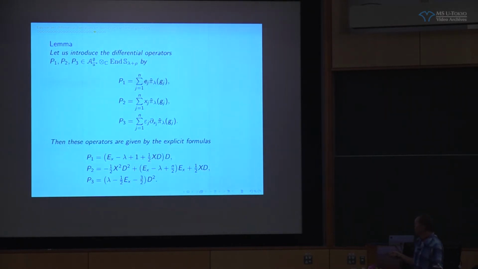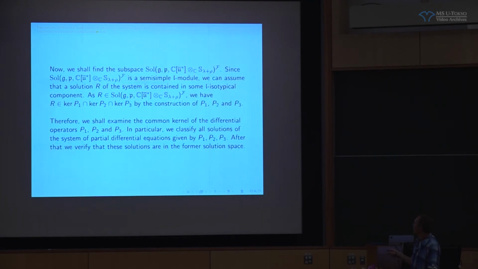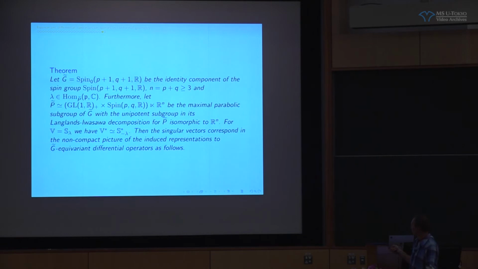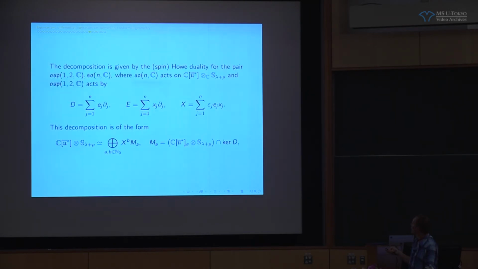So the three operators P1, P2, and P3 have a very convenient form. They are just written in terms of D, X, and E. Sorry, I have to come back. This is what D is, so that's the formula for the Dirac operator. E is the homogeneity operator, which acts as identity on values in the spinor module, and X is kind of Fourier dual of D. So X is a linear function, and e_j is again acting via embedding into the Clifford algebra on the spinor module algebraically.